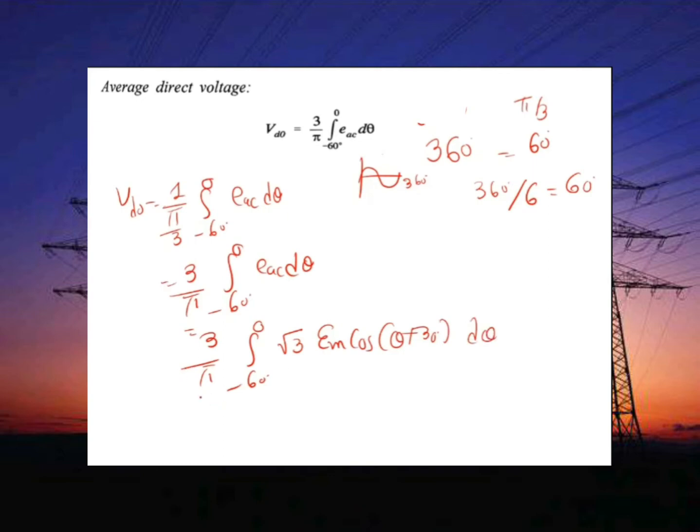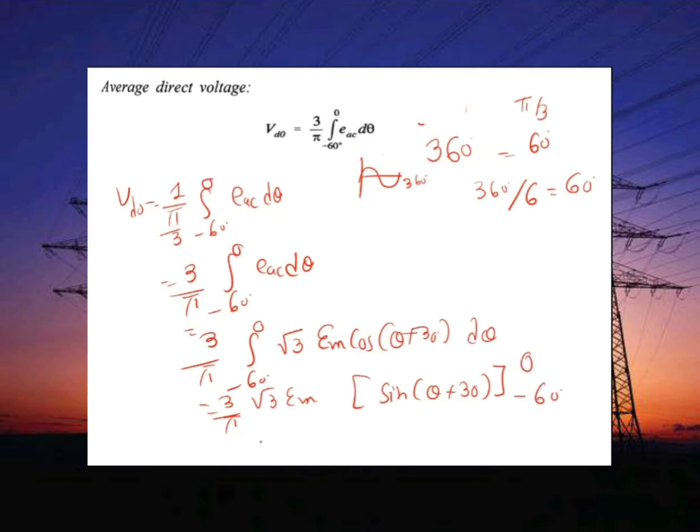So simplify this: 3 upon pi, root 3 EM is a constant, and the integral of cos is sine(theta plus 30), upper limit minus lower limit.